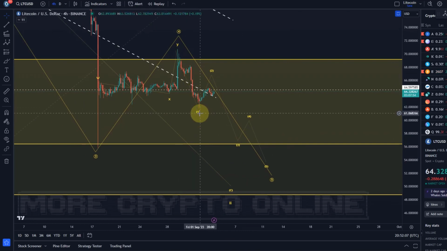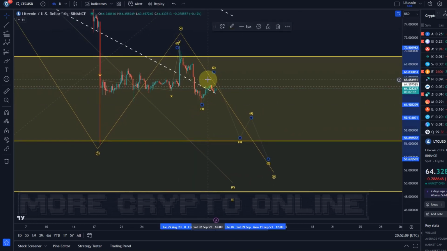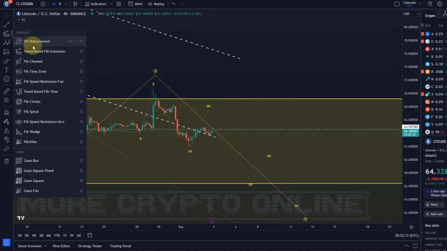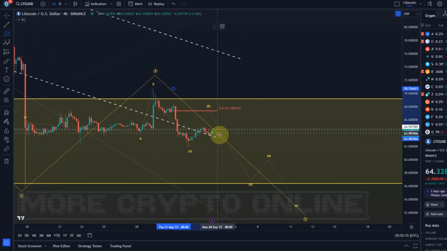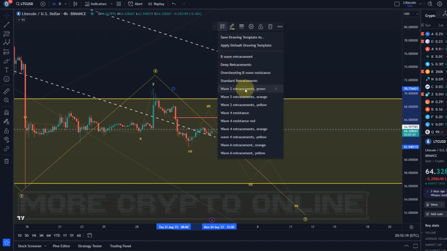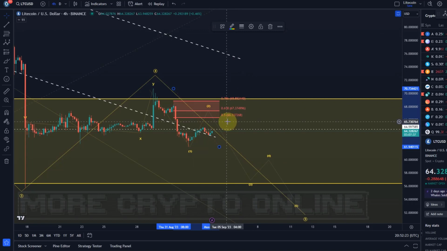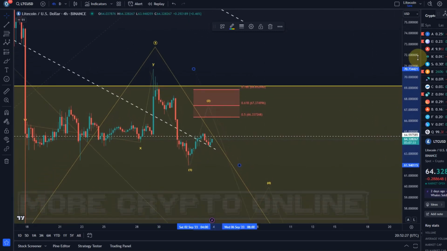So 5 waves down in wave 1, and now we could be in a wave 2. What would be a resistance area for the wave 2? That's key now. Wave 2 resistance, we take that one.